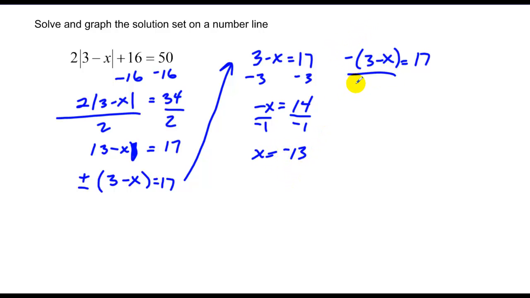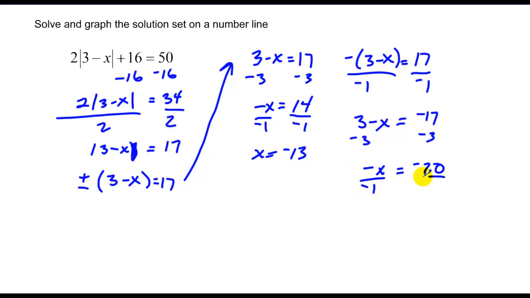Likewise, on this side, I divide by negative 1 first, giving me negative 17 is equal to 3 minus x. Subtract 3. Equals negative 20. Divide by negative 1, x equals 20. So I have negative 13 and positive 20 on my number line.